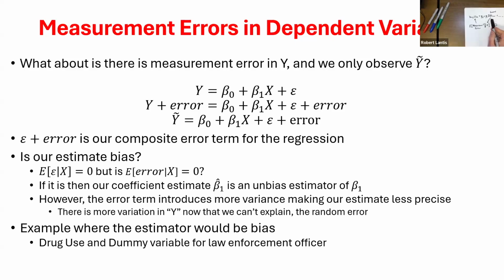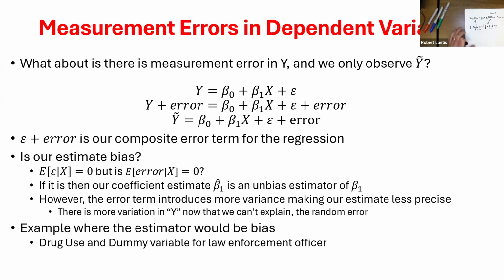Now, if I think that I might lose my job as a police officer, I'm going to be way more likely to vastly underreport my drug use. So the expected value of the measurement error, given different values of this dummy variable, is such that when it is equal to 1, my measurement error is going to be much larger. The expected value would change depending on the value of that X variable.